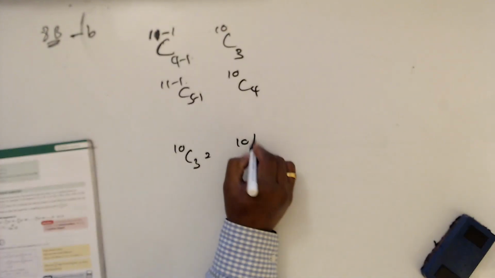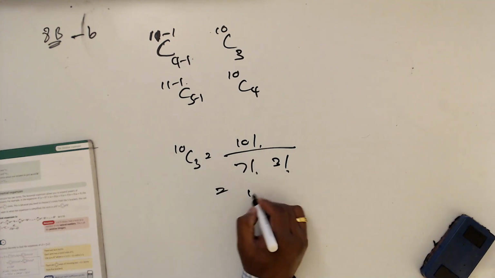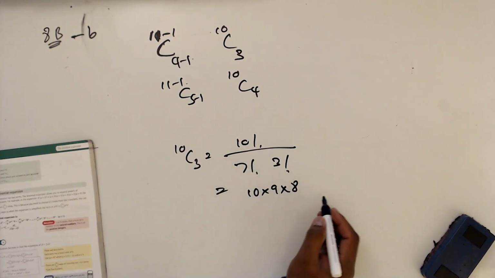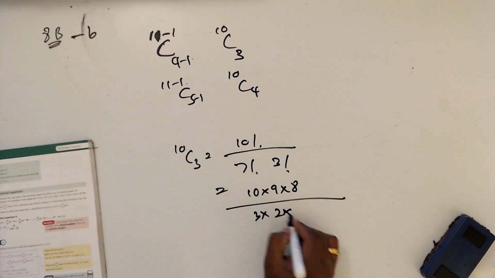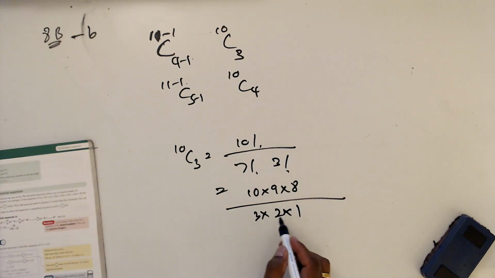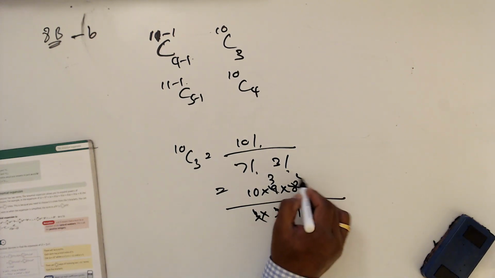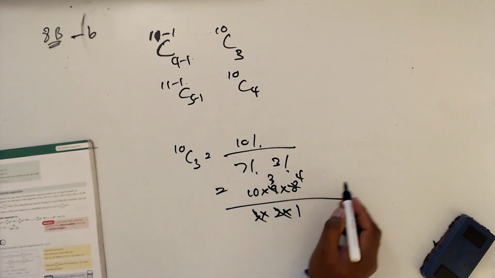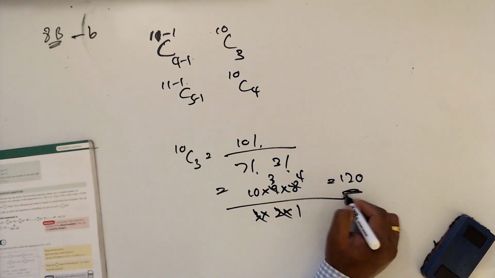10C3 is factorial 10 over factorial 3 factorial 7. Then 10 times 9 times 8, and this is going to be 3 times 2 times 1. 3 times 3, this is 4. 10 times 3, 30 times 4, 120.